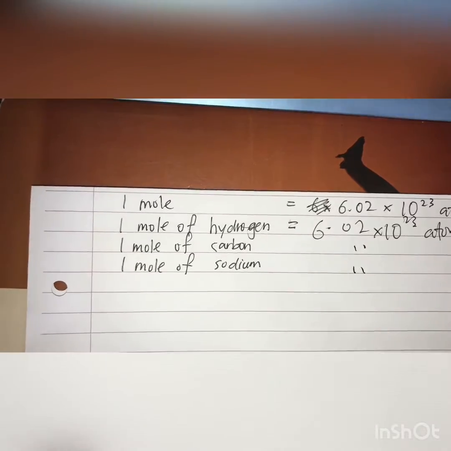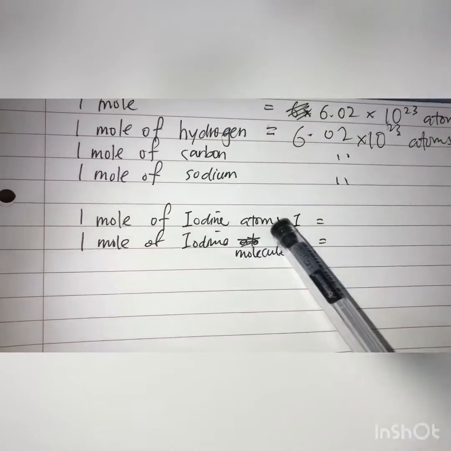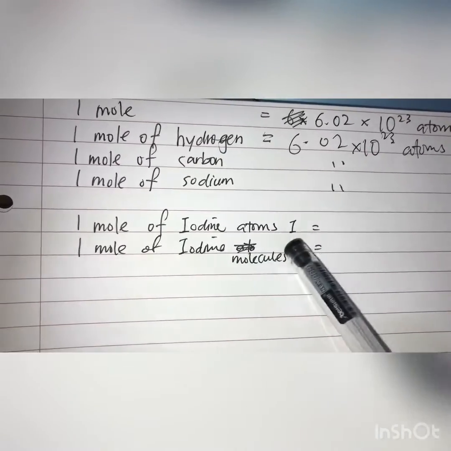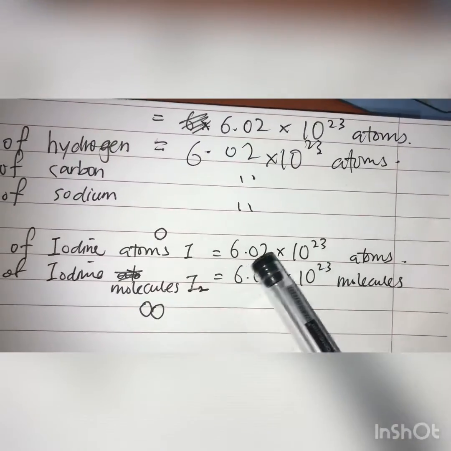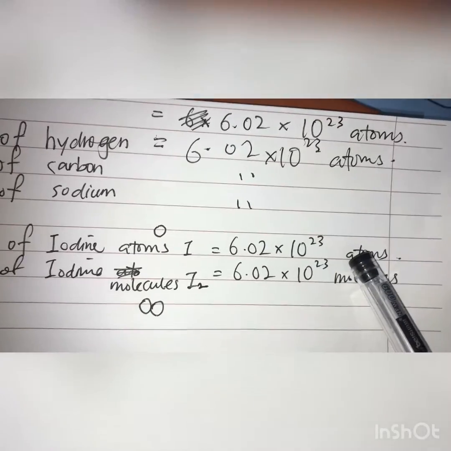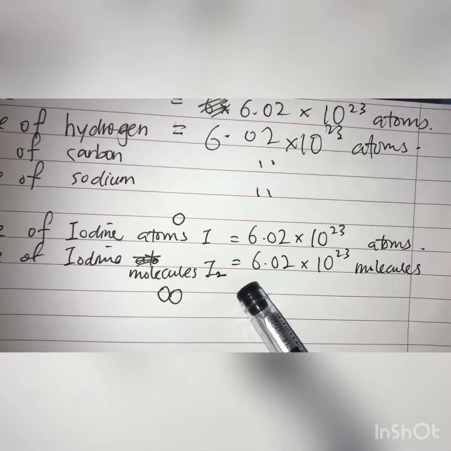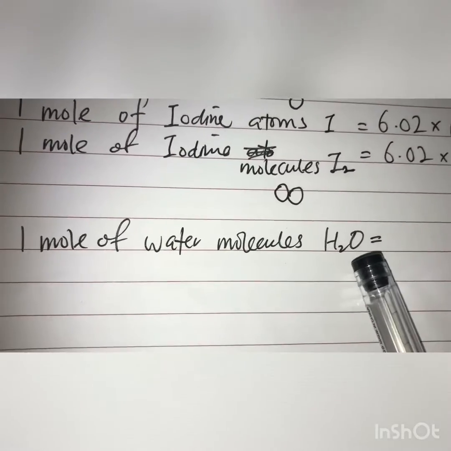carbon and sodium, same. What about 1 mole of iodine atom and 1 mole of iodine molecule, I2? The answer is there are 6.02 times 10 to the power of 23 atoms, so as the iodine molecule, I2. Water molecule, H2O.